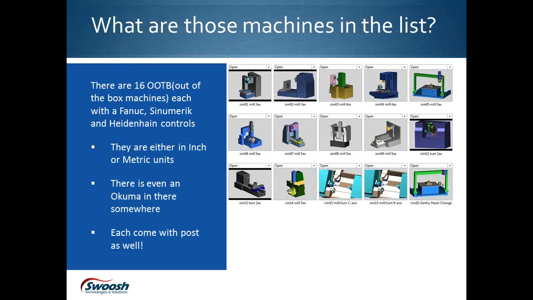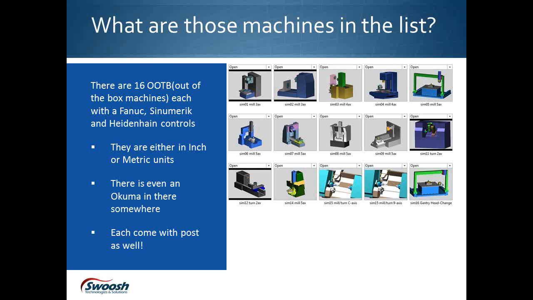So as far as the variety of machines that were shown on the previous slide, there are 16 out-of-the-box machine simulations, each with FANUC, Sinumerik, and Heidenhain controls. They are either in inch or metric. There is also an Okuma Think controller as well.